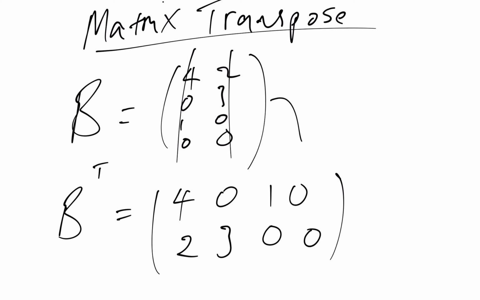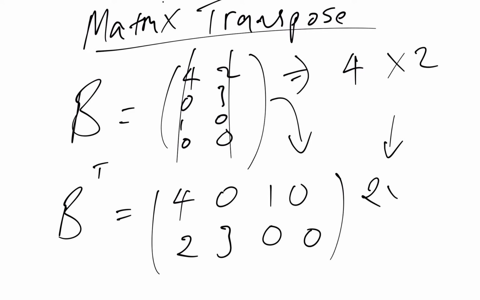My point to take here is, if you notice, the order of this matrix was 4 by 2, since we had 4 rows and 2 columns. So when it's transposed, it will be 2 by 4, because we interchange rows into columns.